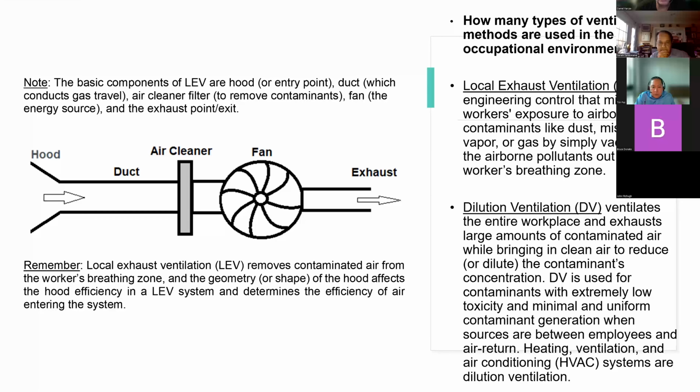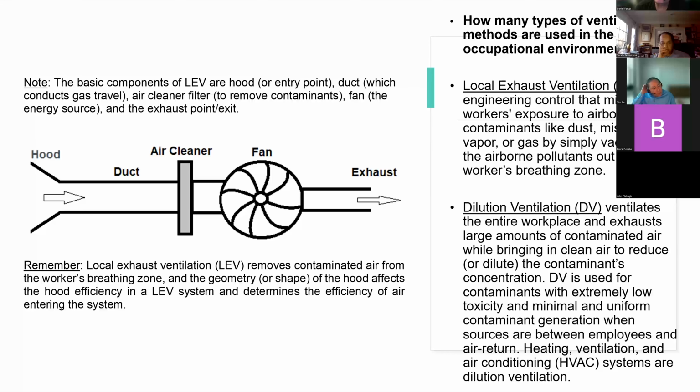Remember, local exhaust ventilation removes contaminated air from the worker's breathing zone, and the geometry or shape of the hood drastically affects the hood efficiency. We'll see that at the end: different types of hoods have different efficiencies.